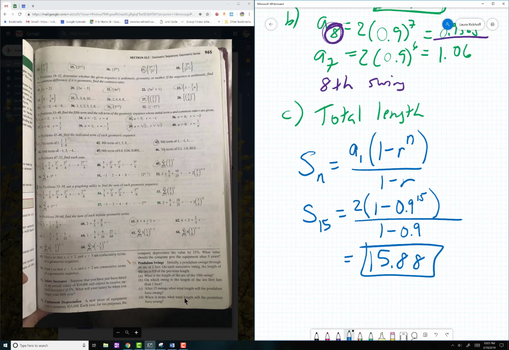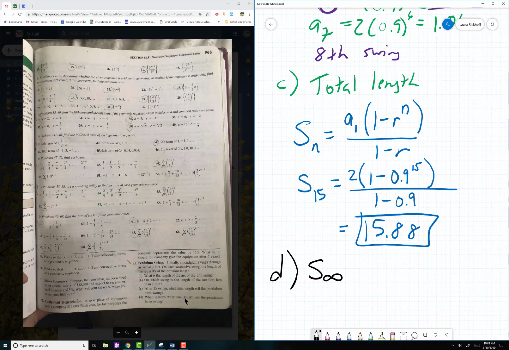And then when it stops for part D, it kind of has to swing an infinite number of times before stopping. Kind of weird, but your formula for it stopping is actually easier. Your infinite sum is just this without that part.